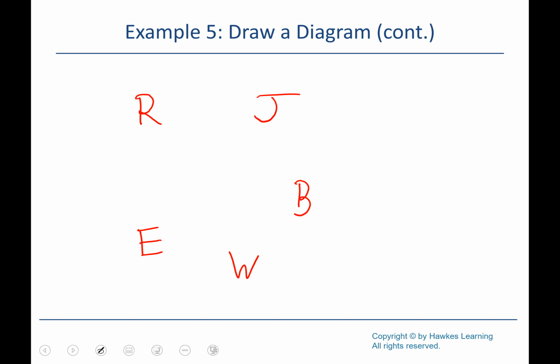So that can help. My idea here is that I'm going to draw a line between 2 teams that play each other, and then we can just count how many lines we end up with at the end. Like the Raiders, we know they have to play the Jackals and the Blazers and the Warriors, well, the Eagles. And the Eagles.